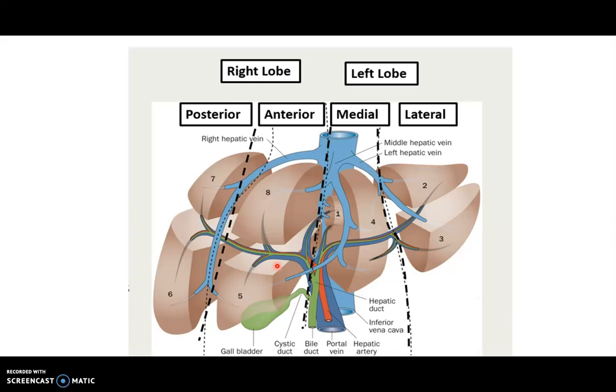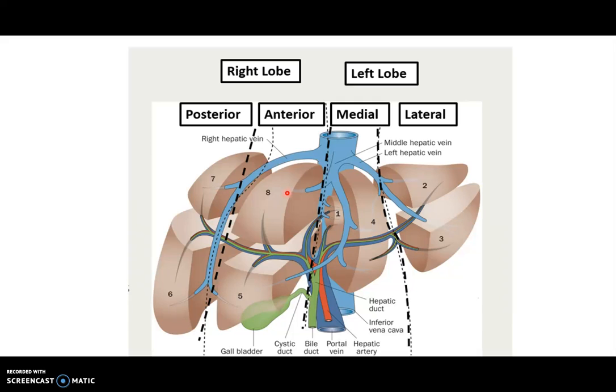So this means that the liver can be segregated independently, which means, let's say you have a cancer on this part of the liver. All this functional subdivision is an important basis in hepatic segmentectomies.